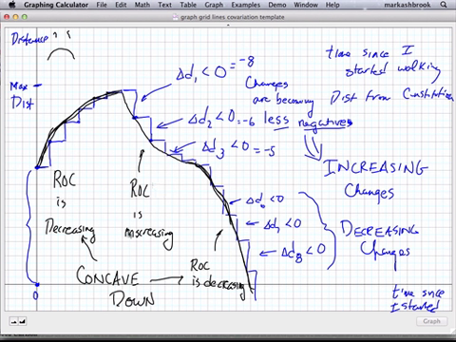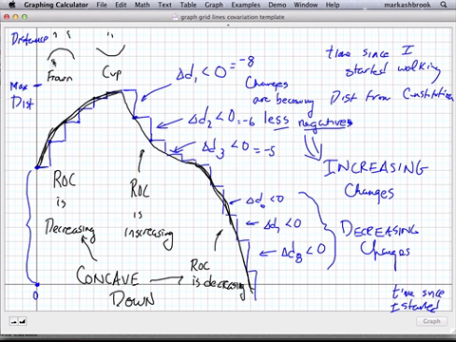And then rate of change is increasing means it looks like concave up, like a cup. Yeah, like a smiley face too, but that doesn't rhyme. So concave down like a frown, and that's the rate of change is decreasing.